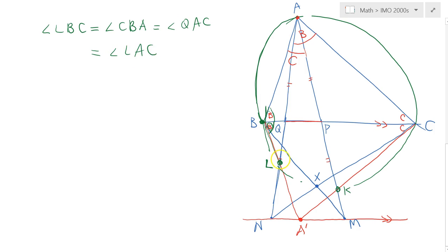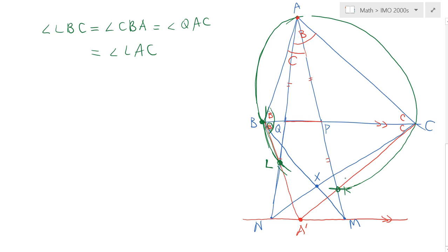But notice that angle LBC and LAC, both being on the circle, subtend the same arc LC. As a result, L must be on that circle. L is on the circumcircle here. So I hope that's clear. And we can use a similar trick to observe that K is also on that circle, right?